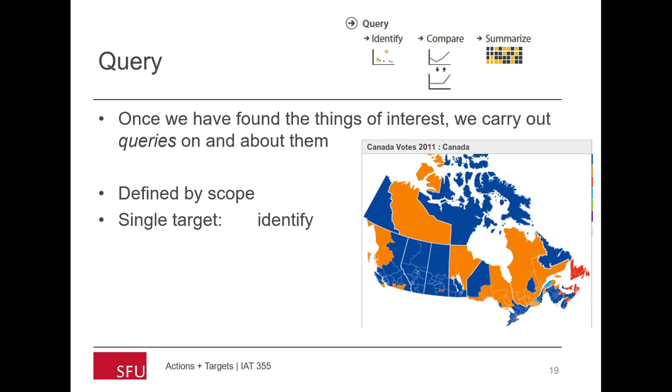So in this map of Canada on the right, this was the results of the 2011 federal election. And if we want to do query to identify a single target, here's the entire map with all the federal ridings, and we want to get a sense of how the election turned out for an individual riding, and that is an example of the identify action.